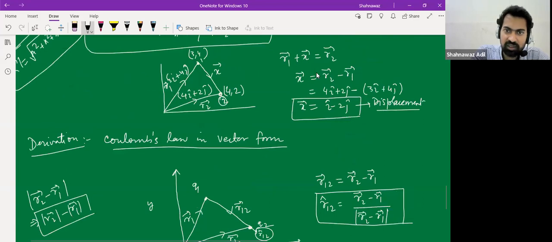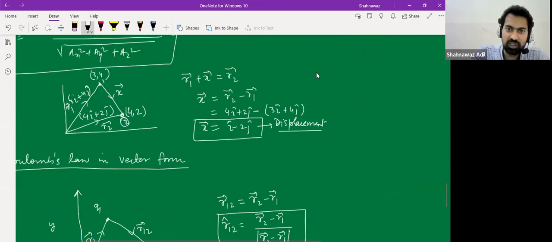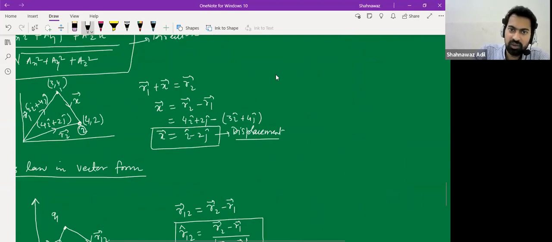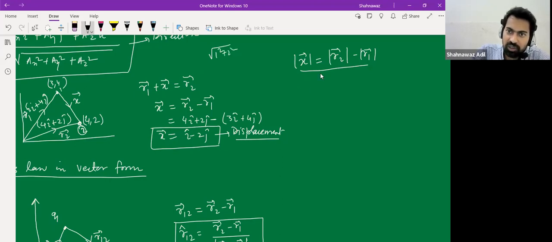We want to prove that the x magnitude would not be equal to the r2 magnitude minus the r1 magnitude. So the x magnitude would be 1 square plus 2 square, so this is 1 plus 4, this is root 5.